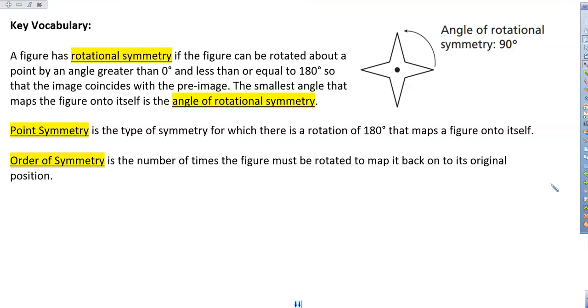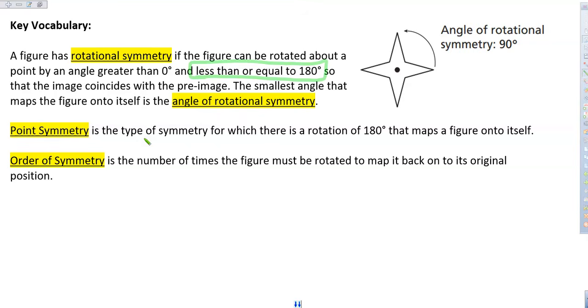Okay, the other type of symmetry that we have is rotational symmetry. If a figure can be rotated less than or equal to 180 degrees, this piece right here, where we say less than or equal to 180 degrees, is really important.